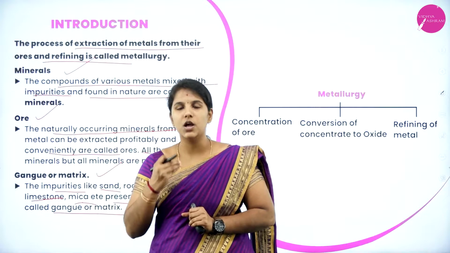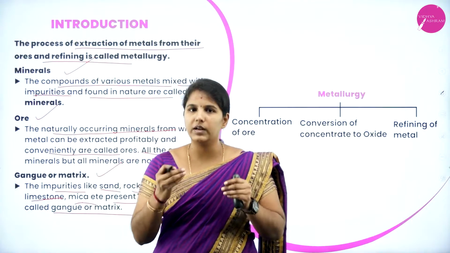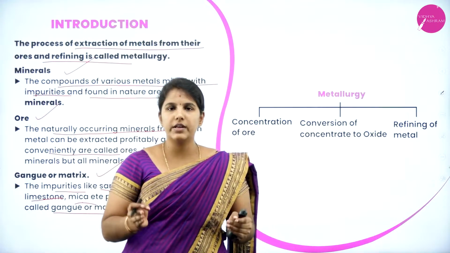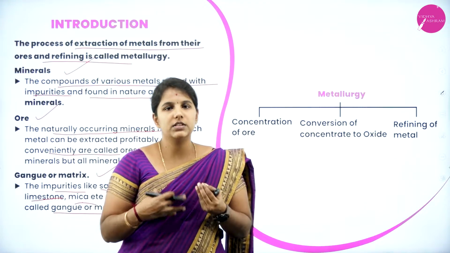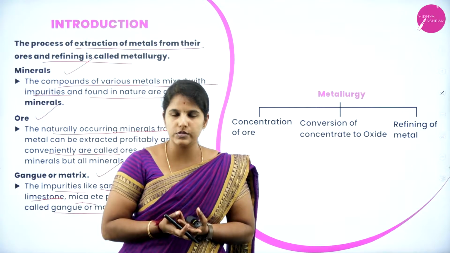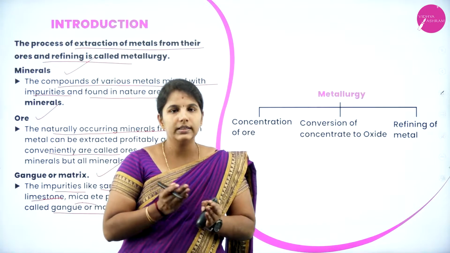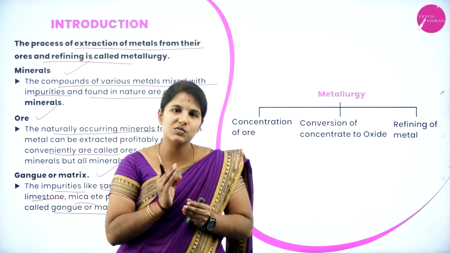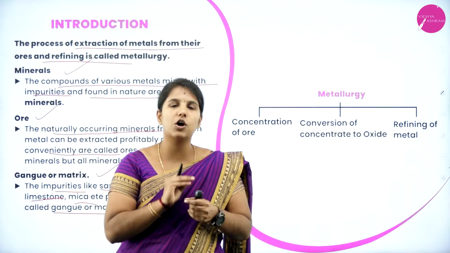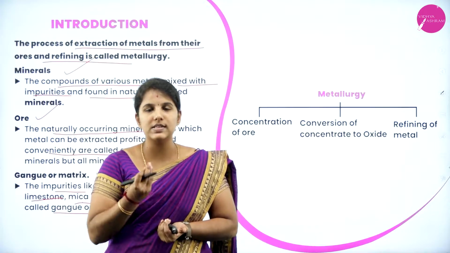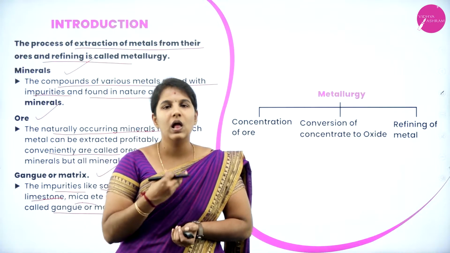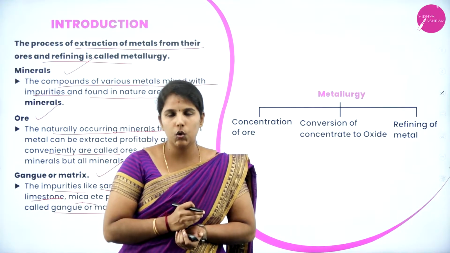For example, if you take iron ore, it is always bonded with rock or stones or sand also. Those unwanted substances bonded with the minerals or with the metal are said to be gangue, which is nothing but the impurities always present in our ore.